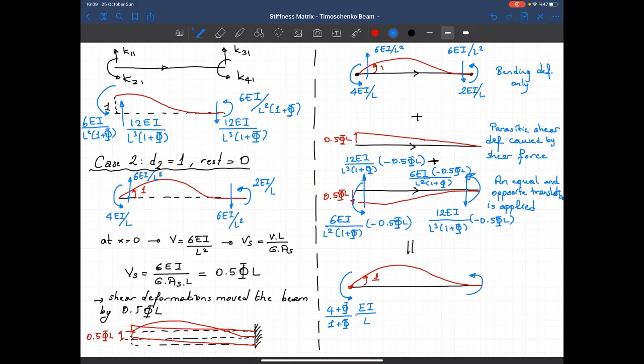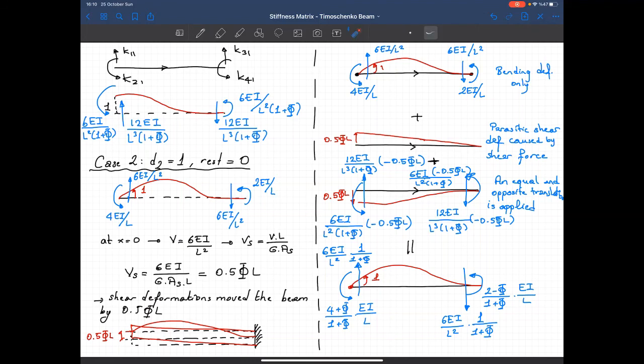This one is (2 minus phi) divided by (1 plus phi) multiplied by EI over L. The shear force is 6EI over L squared multiplied by 1 over (1 plus phi), and the shear force here is equal to the same magnitude, 6EI over L squared times 1 over (1 plus phi).